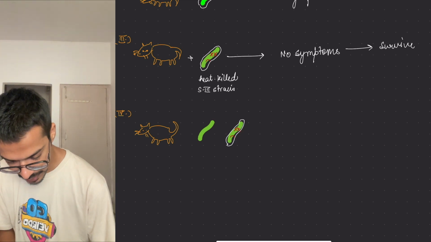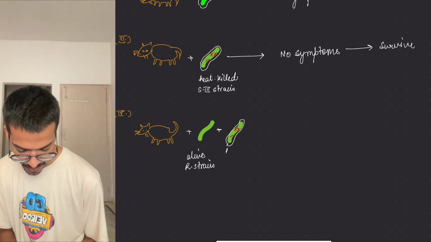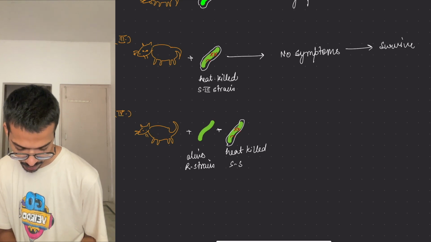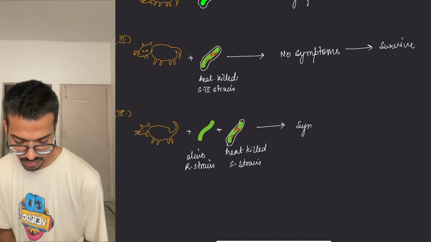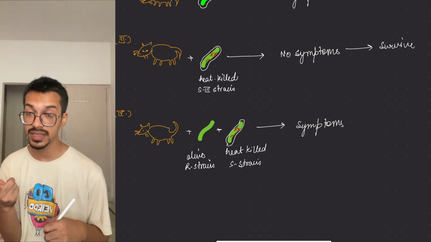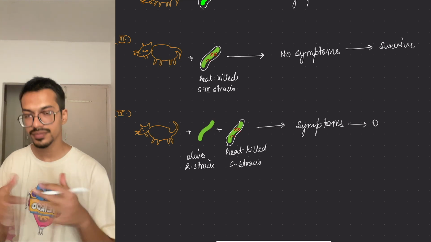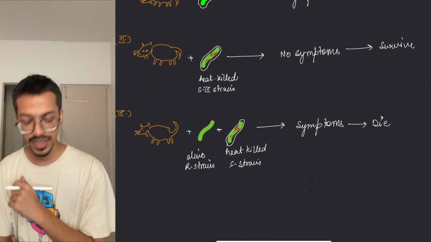So this is a live R strain and a heat killed S strain. And what happens? Symptoms occur. This is something different, which was not expected. And what do we see? The mice died.